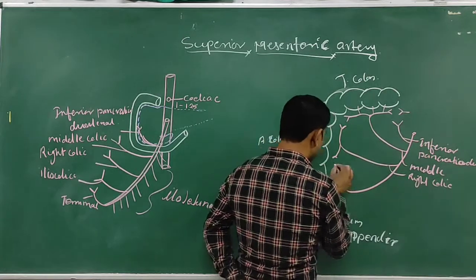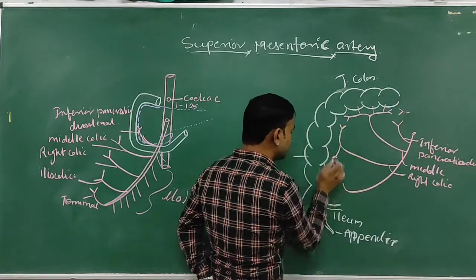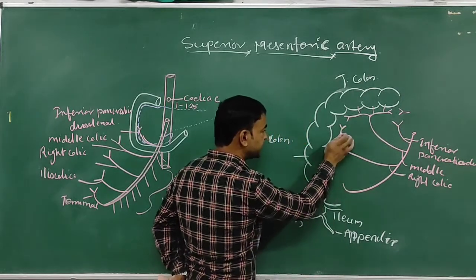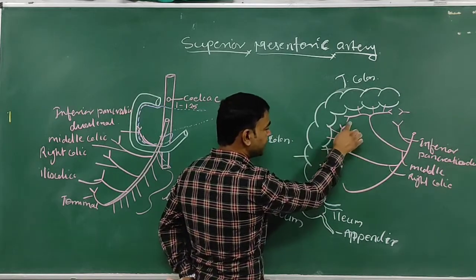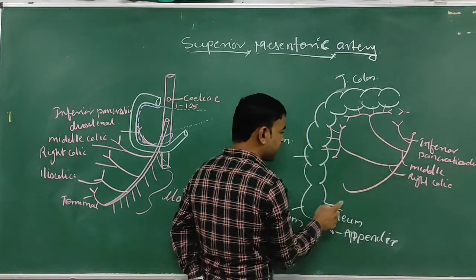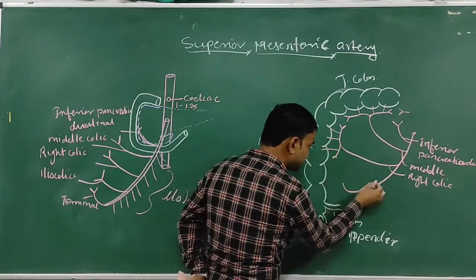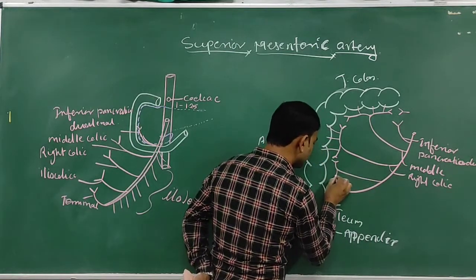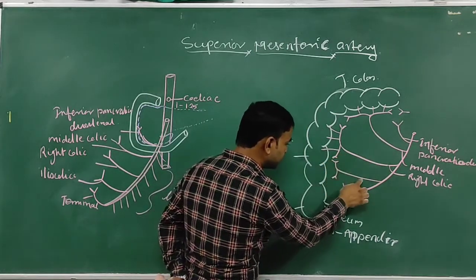The right colic artery gives an ascending and a descending branch. The ascending branch anastomoses with the right branch of the middle colic artery, and the descending branch anastomoses with the ascending branch of the ileocolic artery.